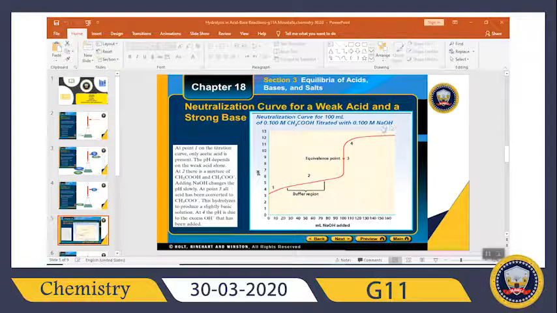So the amount of OH will increase and the pH will be more than 7. So the net result from this solution will be alkaline solution. So hydrolysis between weak acid and strong base will produce alkaline solution.